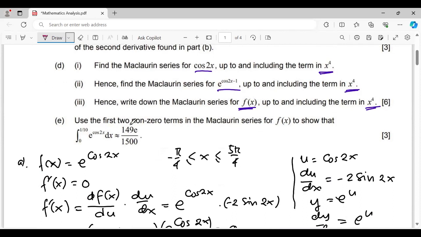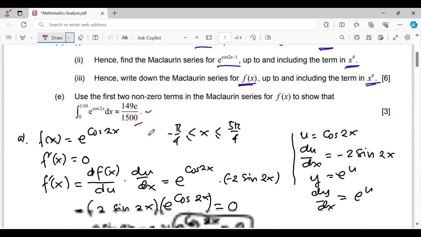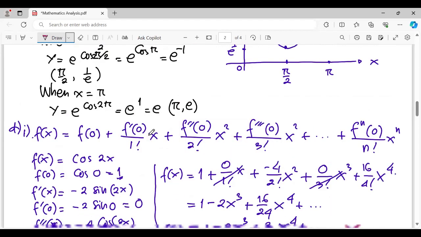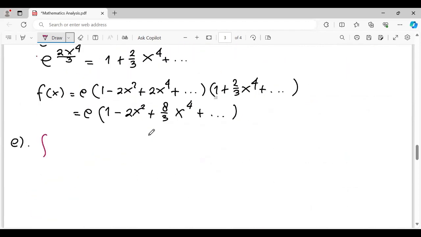We have to prove that the result is 149e over 1500. Right, 0 to 1 over 10 of f(x), e power cosine 2x dx.